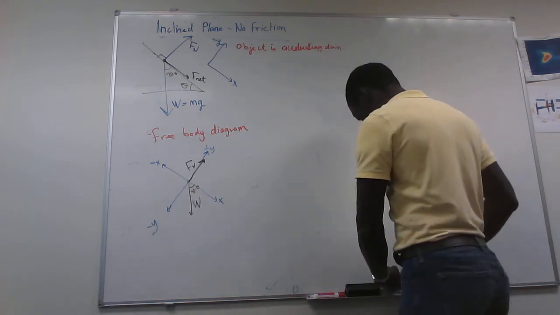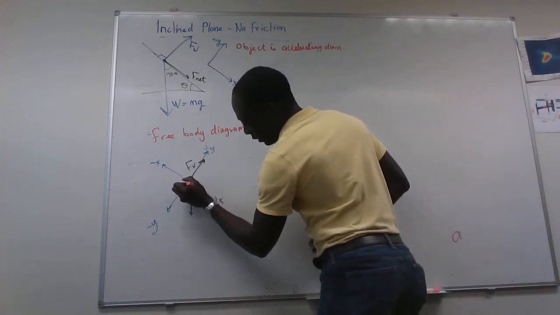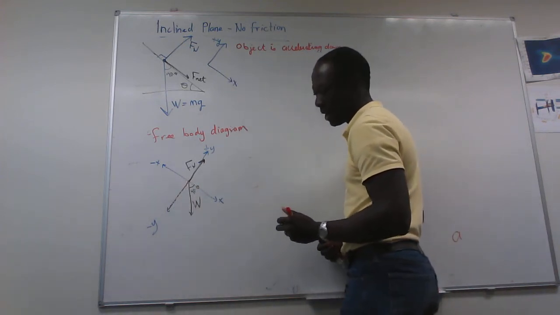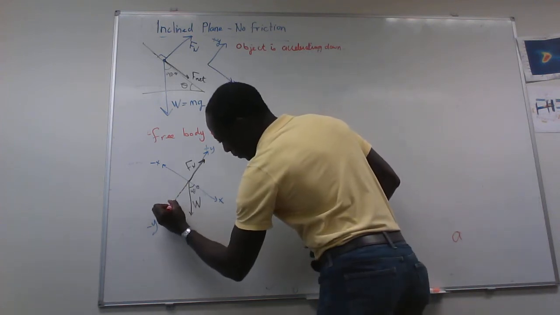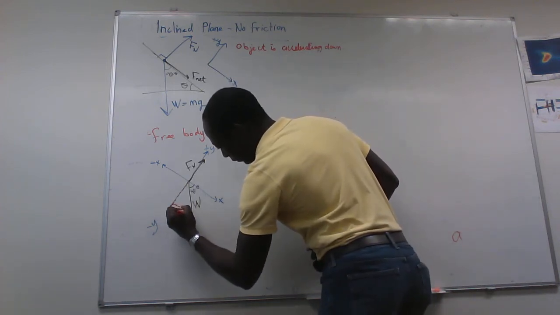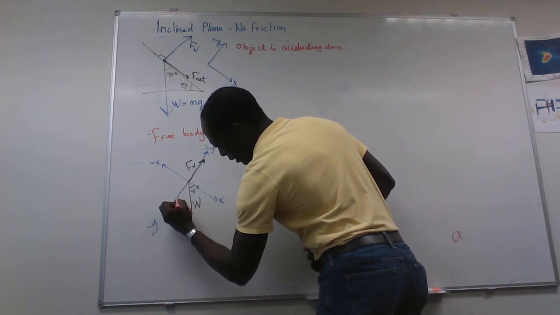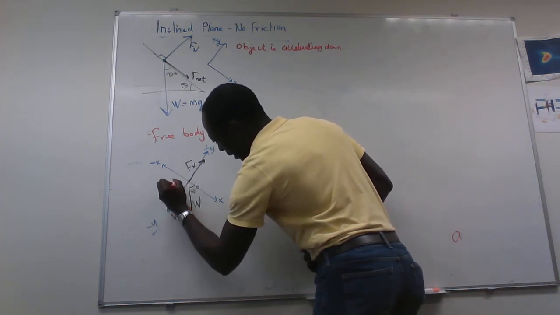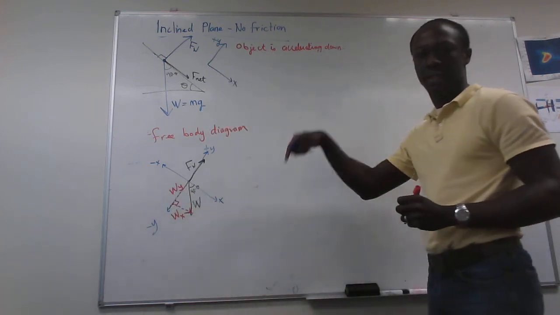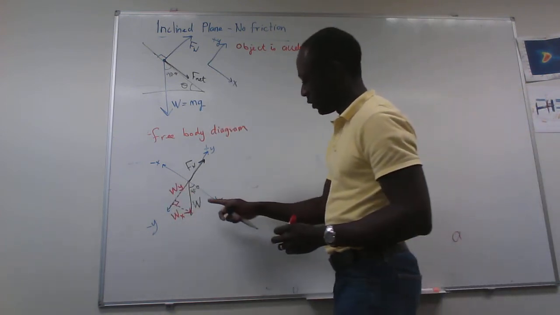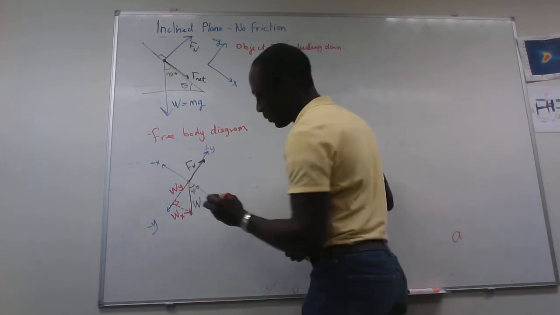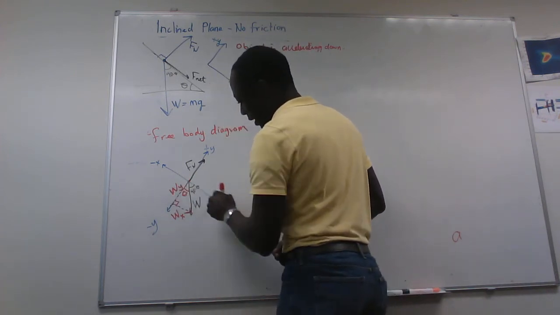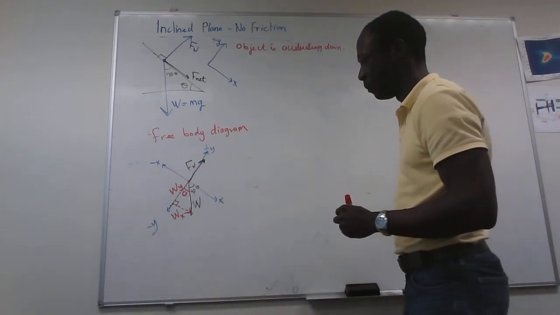So we have a component going down this way along the negative y-axis and a component parallel to the inclined plane. So this is a 90 degree angle, and we have our x component here and our y component acting in the negative y direction. So if this angle here is 90 minus theta, then the angle here is going to be theta, since we have a 90 degree total angle here.